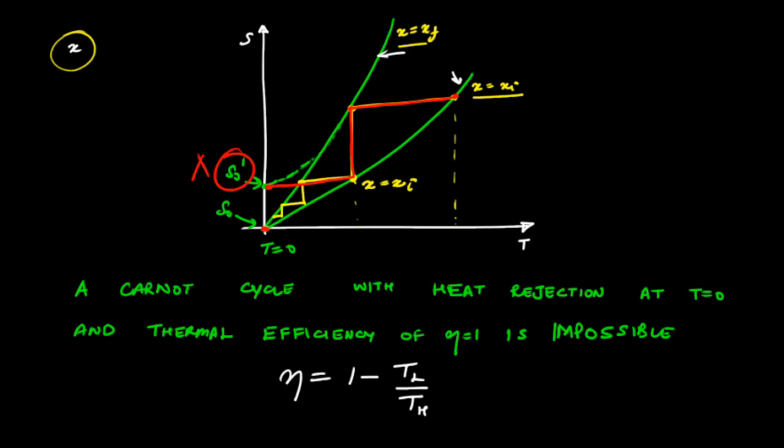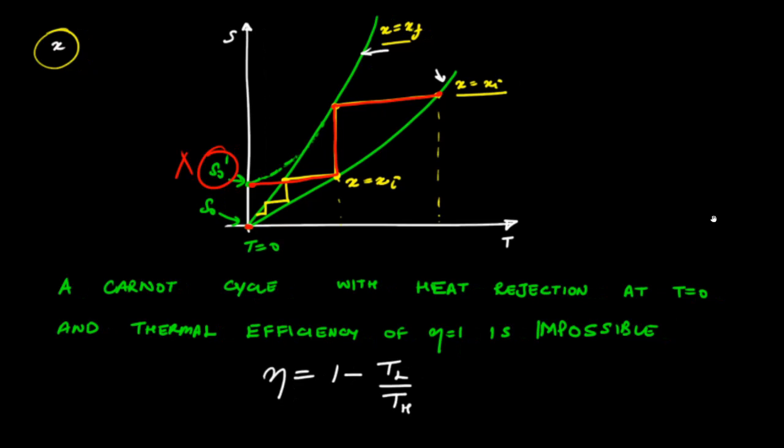So if we were able to attain the absolute zero temperature, efficiency would tend to 100%, but the Nernst unattainability principle says that you cannot reach this absolute zero temperature in a finite number of steps, and absolute zero can be attained only asymptotically. Therefore, we cannot have a Carnot cycle which rejects heat at zero temperature, and therefore a Carnot cycle cannot have thermal efficiency of 100%. So this concludes our discussion of the third law.